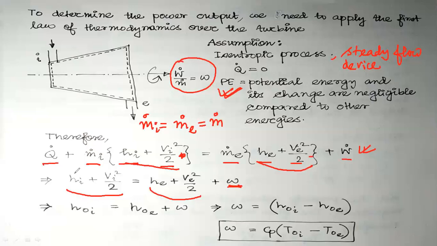Now remember that this hi is actual enthalpy at the inlet, he is the actual enthalpy at the exit. Now therefore hi plus vi square by 2 is h0i, where h0 is the stagnation enthalpy.